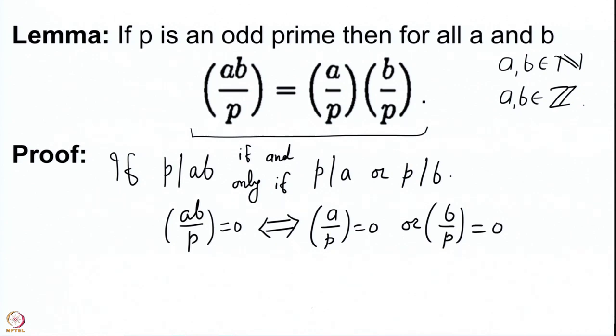Here on the right hand side of the if and only if symbol I have two numbers, and I am saying that this number is 0 or that number is 0. When you have two numbers and one of them can be 0, this is written in terms of having the product being 0.